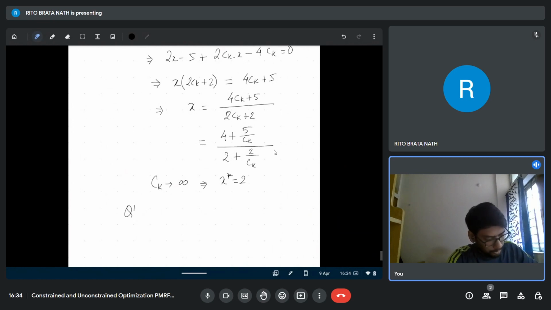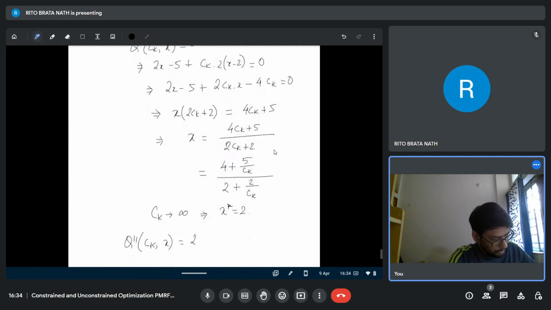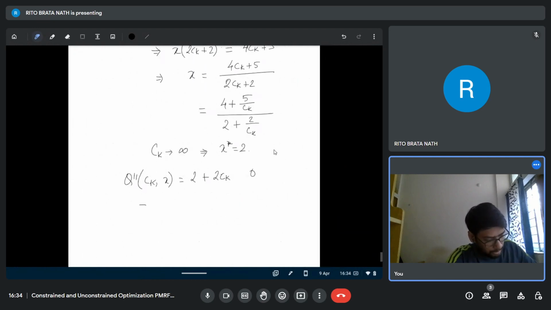And just to be sure, let's check the second derivative. That's 2 plus 2c_k, so that will be greater than 0. That means x star equals 2 is the optimal solution.